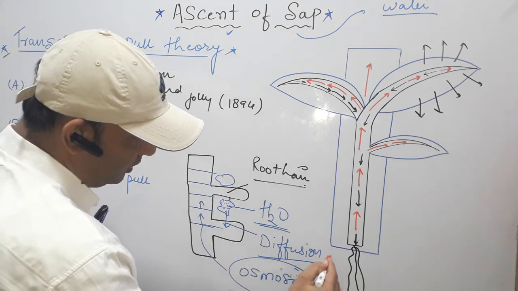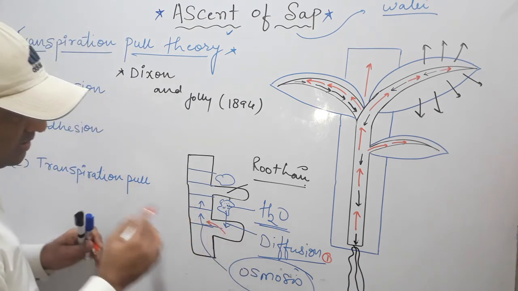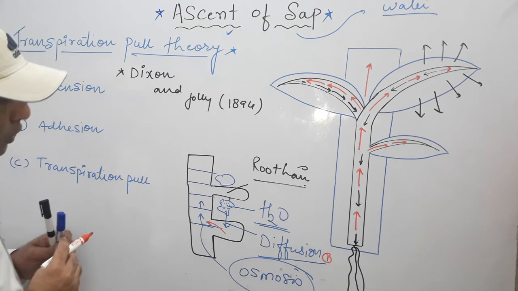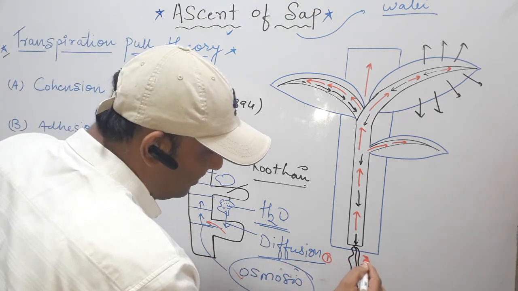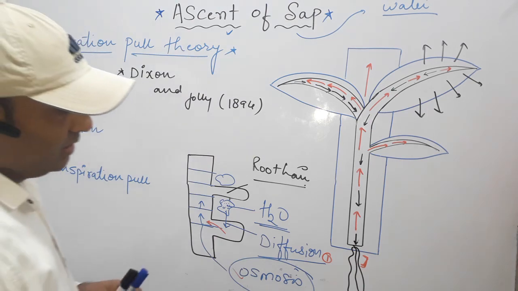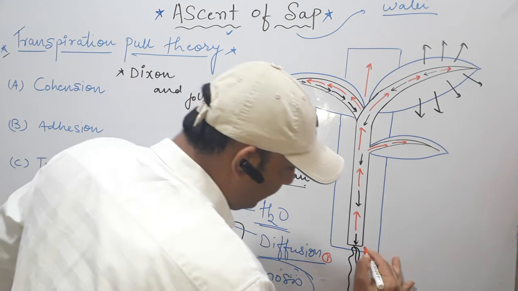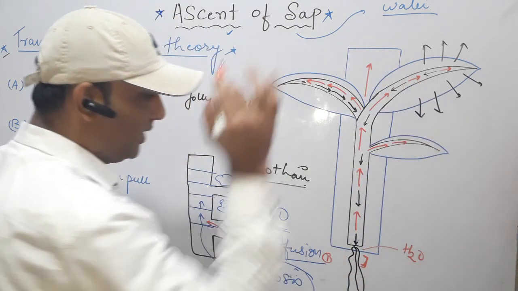Diffusion transfers the water from soil to the root hair. Now the root hair releases the water to the epidermal cells or the cells present in the root by osmosis, till the upper part of the root where the xylem is present. Now the xylem's work starts. Xylem receives the water and transports it to the different parts of the plant.